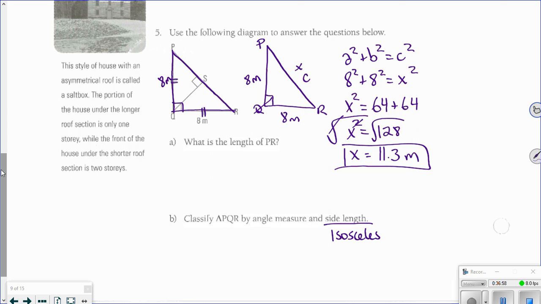When I look at my angle measures, I have a 90-degree angle in there. That's what that little square means. A 90-degree angle means it's a right triangle. Okay, so triangle PQR would be a right isosceles triangle.